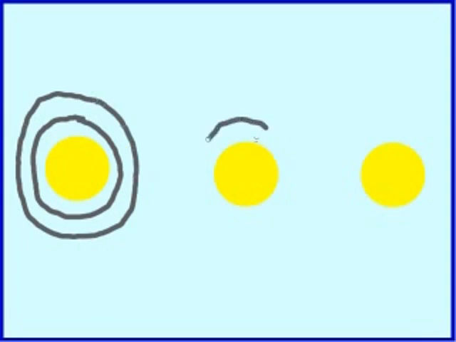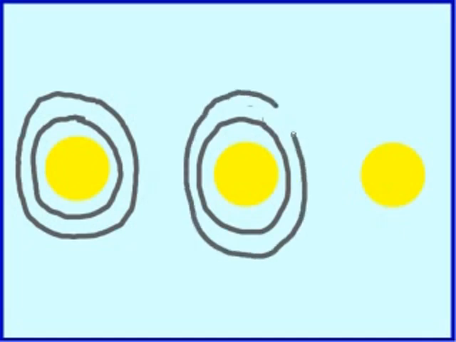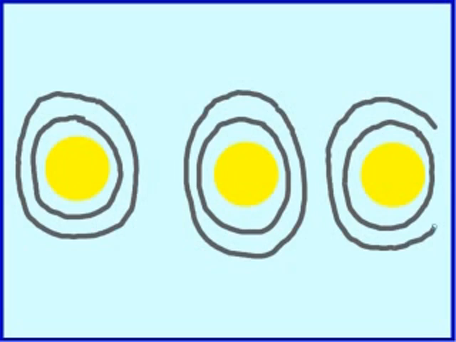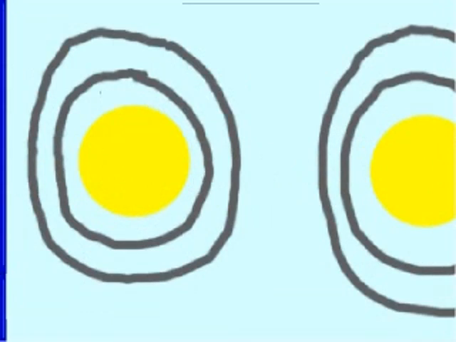Now let's make our orbits. So we're going to make 3 carbon atoms. Let's start with this one here.